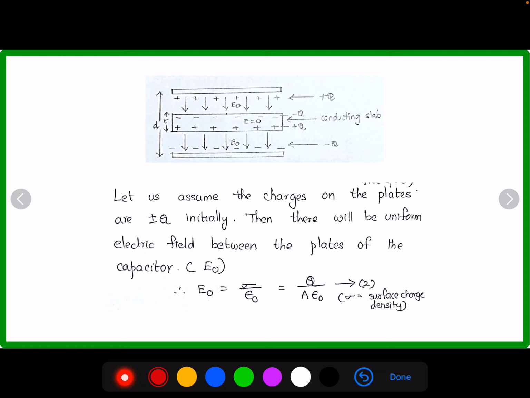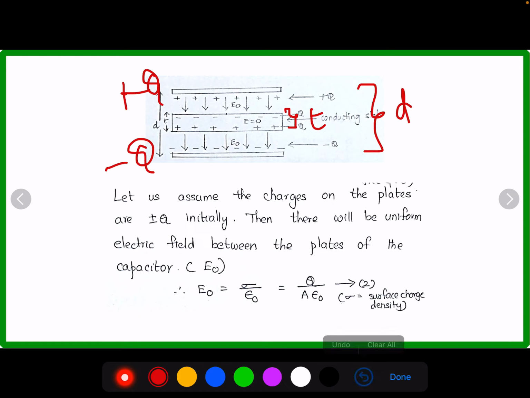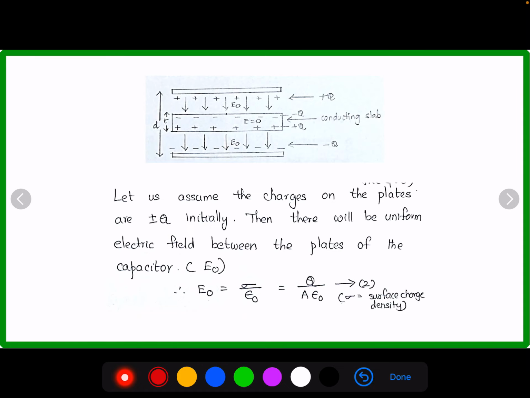The upper plate has a charge of plus q and the lower plate has a charge of minus q. Distance between the plates is d, thickness of the slab is small t. So in general we say the plates have charge plus or minus q.